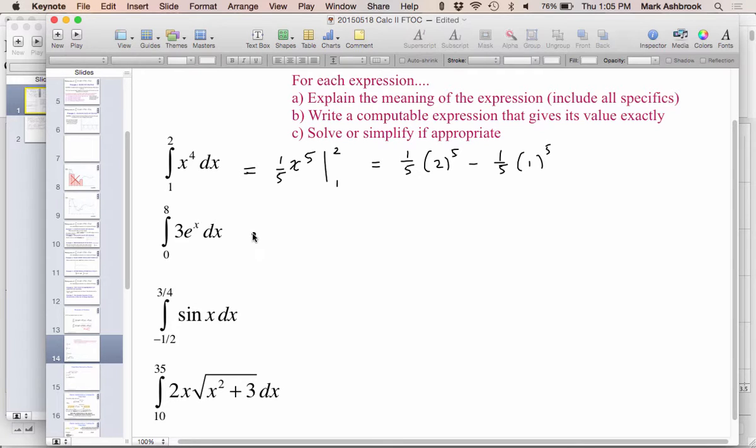It's just the total change in quantity from 10 to 35 when the rate of change is 2x times the square root of x.